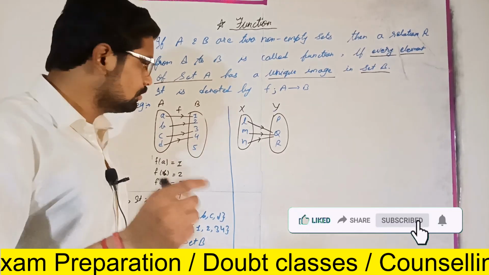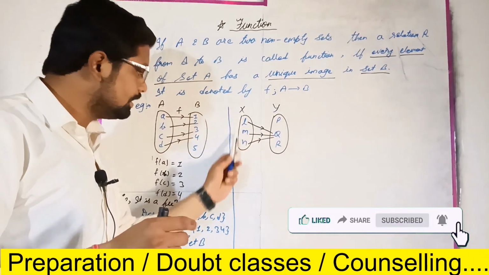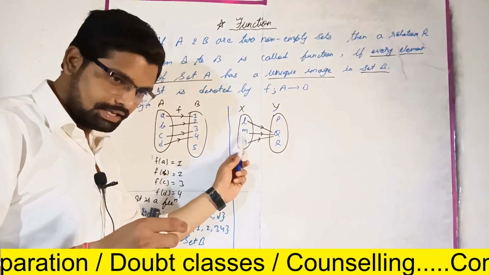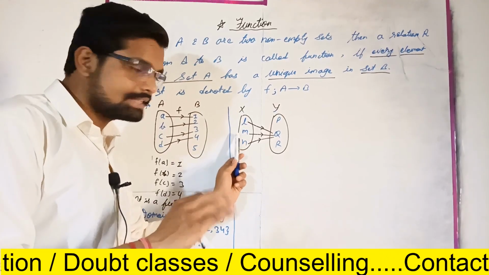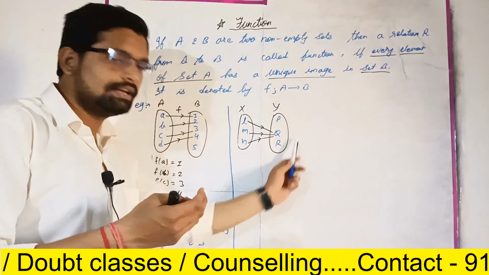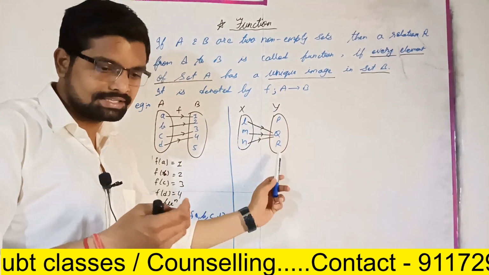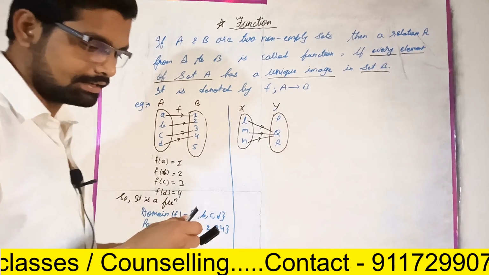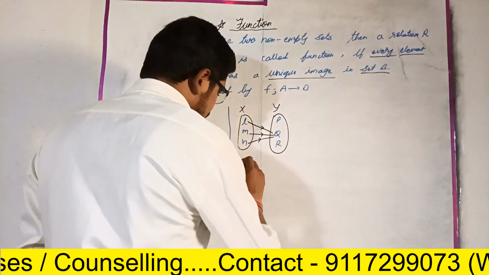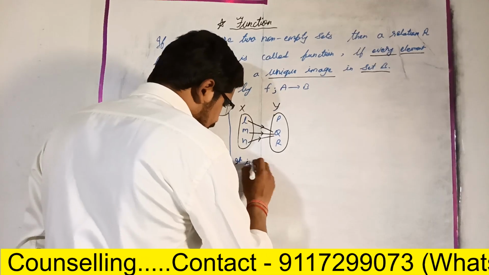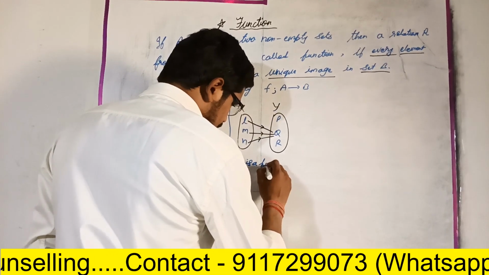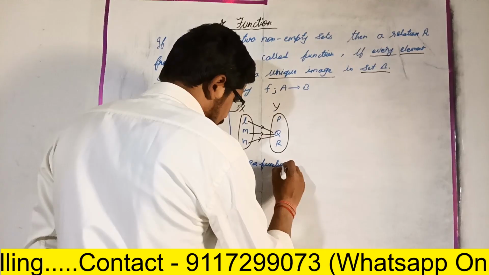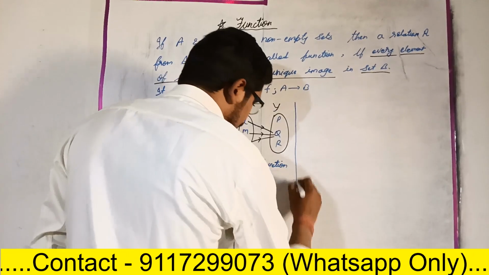So here all elements of the first set have a unique image in the second set. So here we will say yes, it is a function. Is it clear?